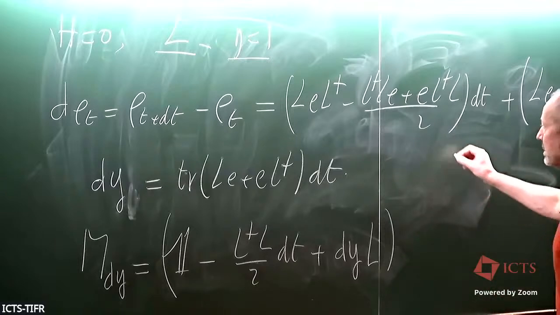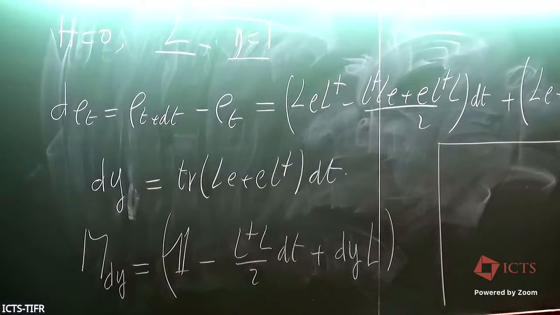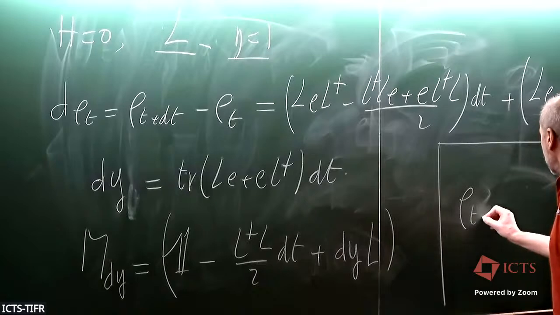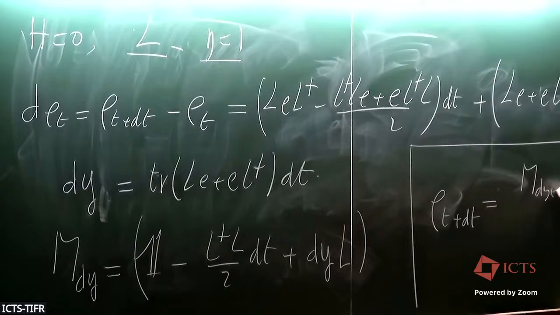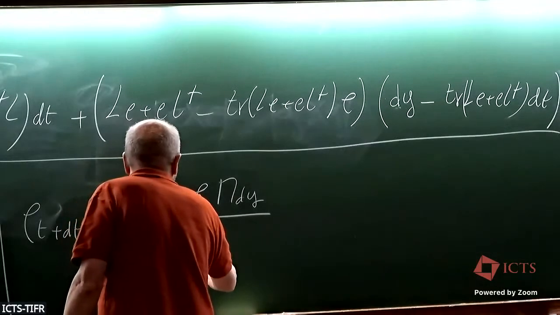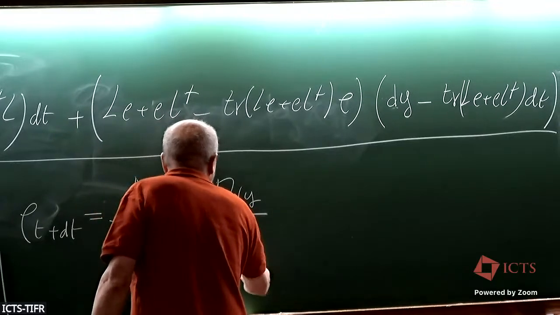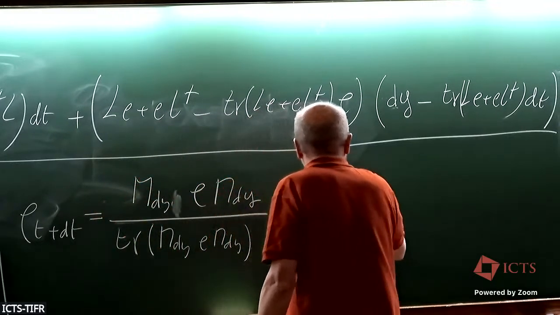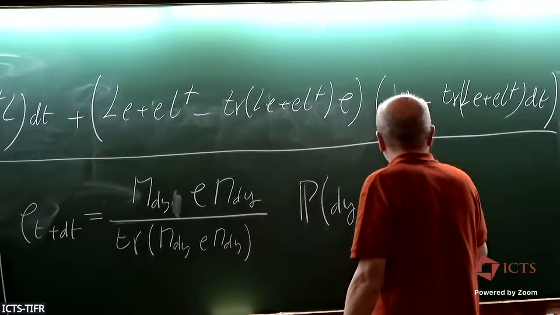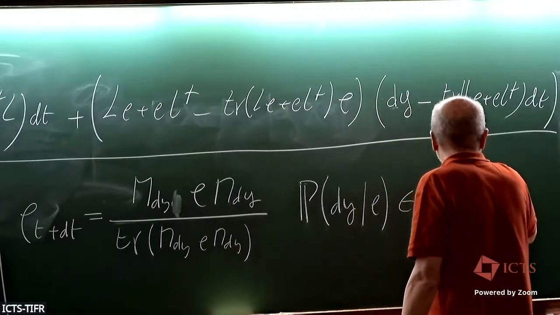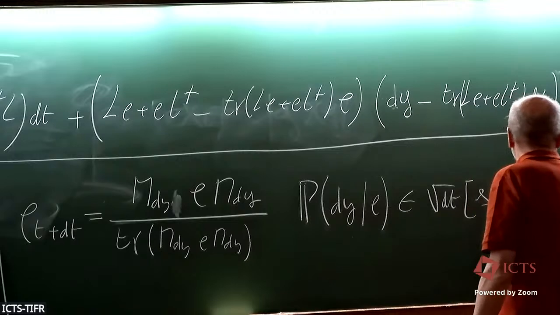So I have this. And what I want to see is that it was written this way or written this way in the Ito sense. Rho of t plus dt is equal to M dy of t, dy, rho M dy dagger over the trace. And the probability to detect dy, knowing rho, in the square root of dt, s plus ds.